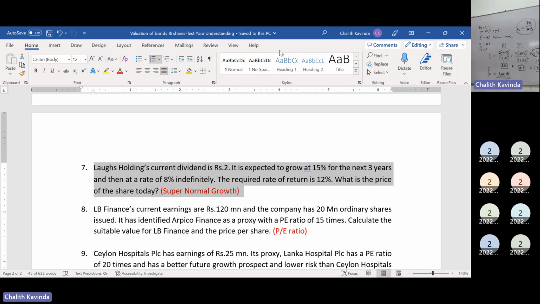So this is what we know as the supernormal growth model. Why? A company can be in different business cycles: introductory stage, development stage, growth stage, as well as the declining stage. Depending on the stage they are in, the amount of dividend that they are going to pay could change.